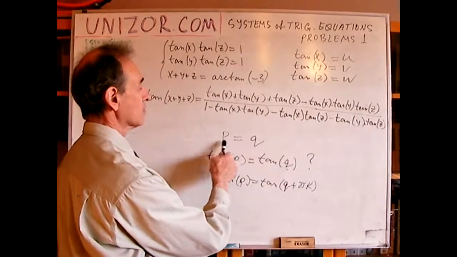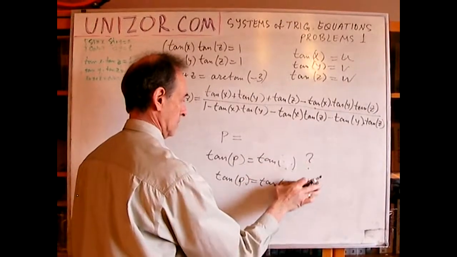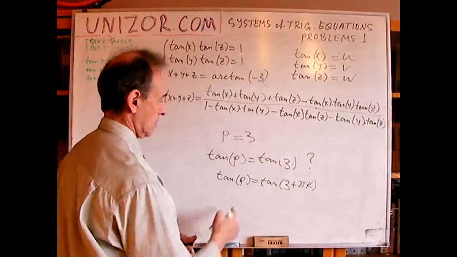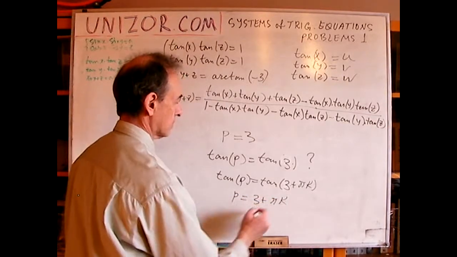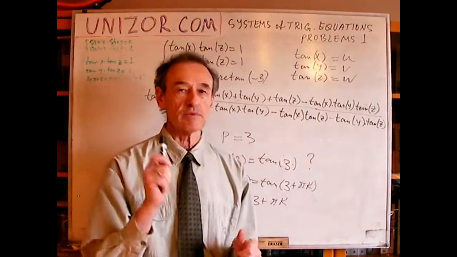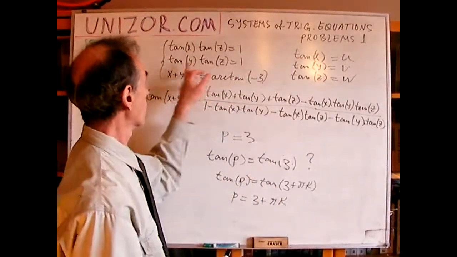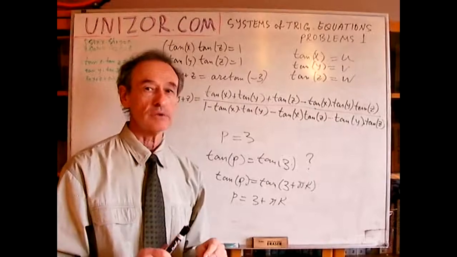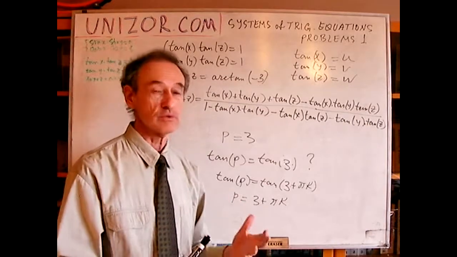So if p is a variable and q is a constant, let's say this is 3, then from this we derive p is equal to 3 plus pi k, not just p equals 3. So it's not invariant, which means that we have to be very careful at the very end when we derive some kind of solutions to our system after we have taken the tangent of both sides. We have to be very careful examining our solutions, because we might introduce certain solutions which actually do not belong.